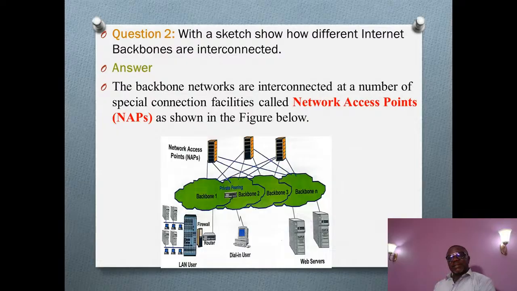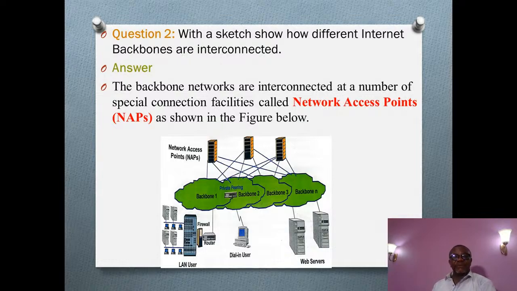From our answer to question 1, we say that we have different carriers and each is known as a backbone. So if you look at the figure, you see backbone 1, backbone 2, backbone 3, and so on. And these backbones are interconnected using the network access points, NAPs, that we see on top of the drawing. And if you look down, you can now see other things that access the internet.